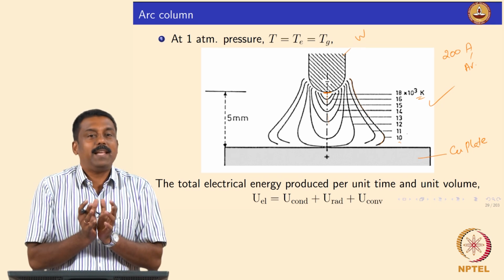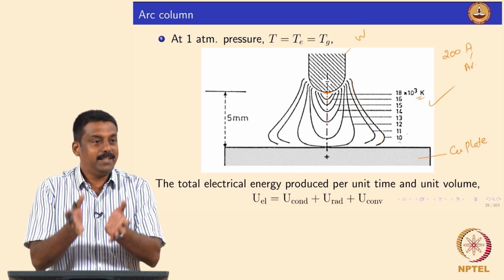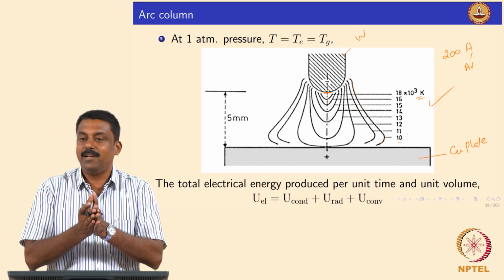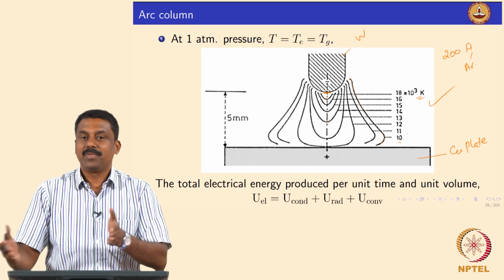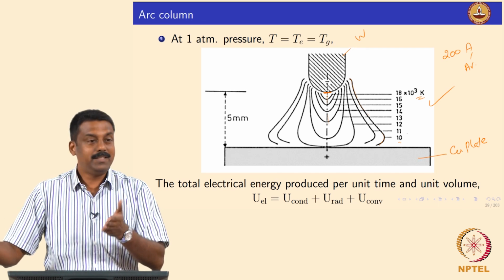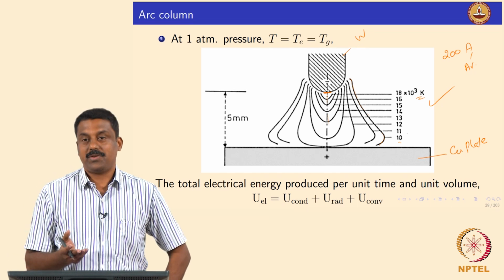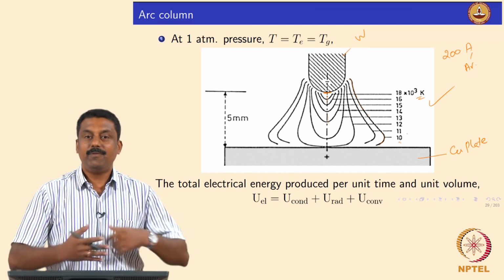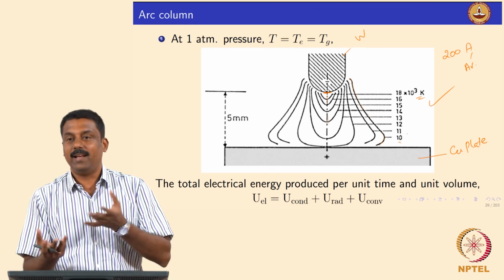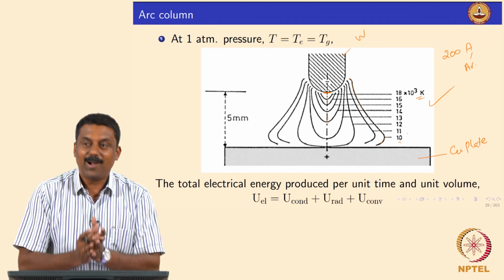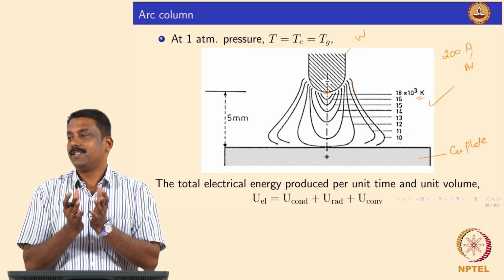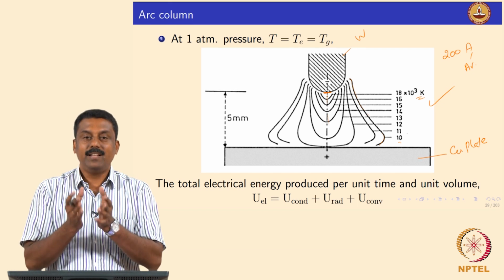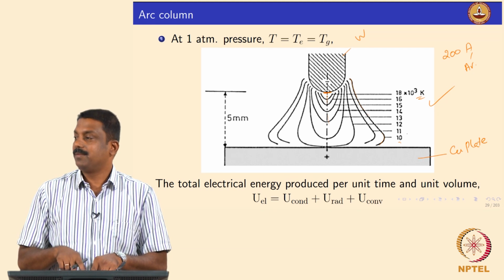They supply enough electrons to the system so that these electrons generated from the cathode can trigger the subsequent sustained discharge, which is ionization. So before looking at the heat balance, first we need to understand how these charge carriers are created, because that is going to determine the temperature distribution.